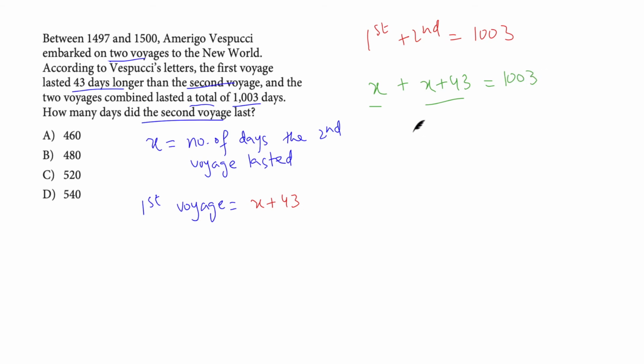That's your equation. The good thing in this system is we have one variable only. That's why I've chosen this question. Do the math: 2x plus 43 equals 1003. You can use a calculator, and x comes out to be 480. That's our answer, option choice B.